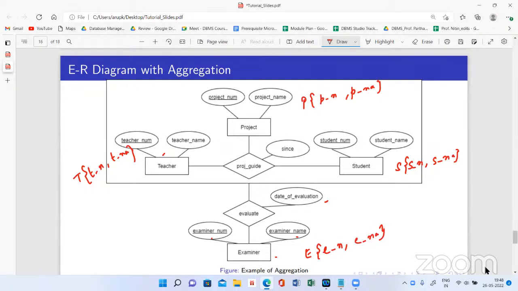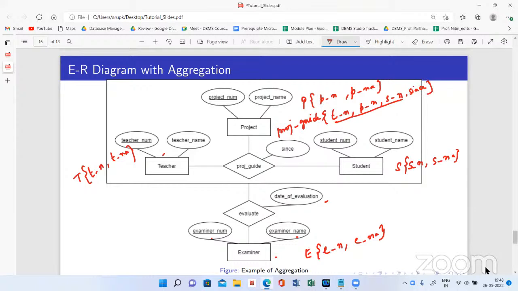So project guide, what will it have? Teacher number, student number, and project number, the primary keys, right? Primary key number. And since is not part of the primary key.